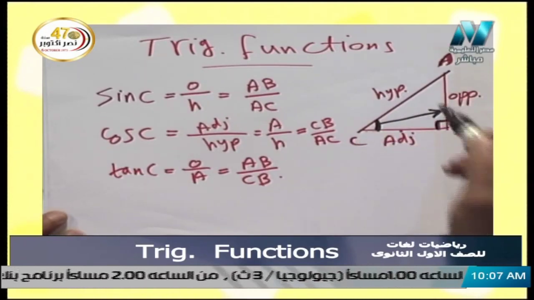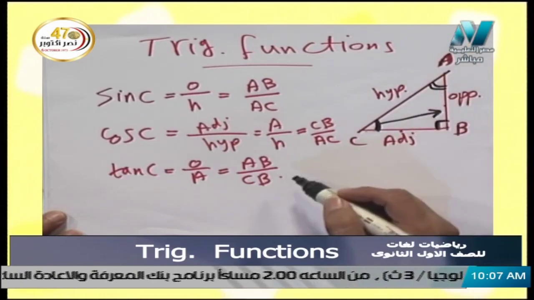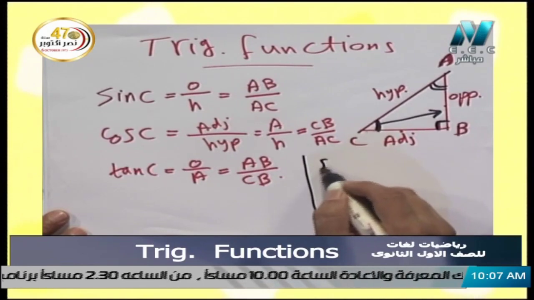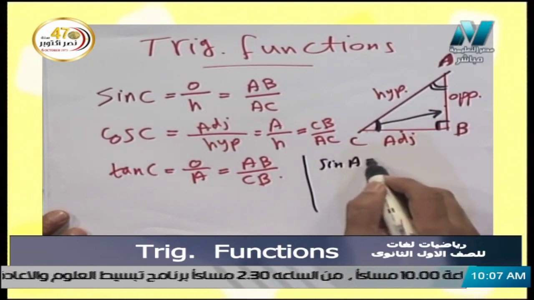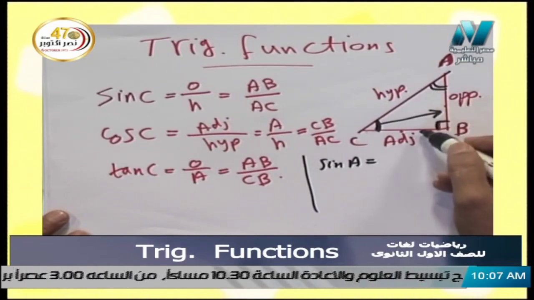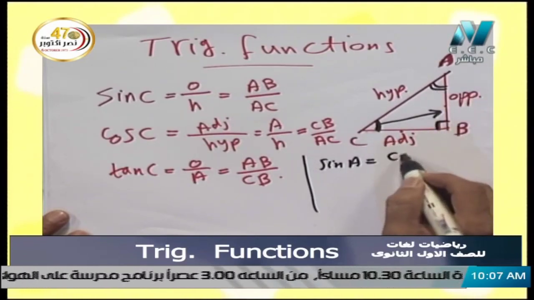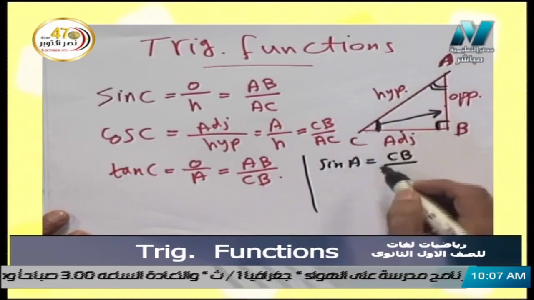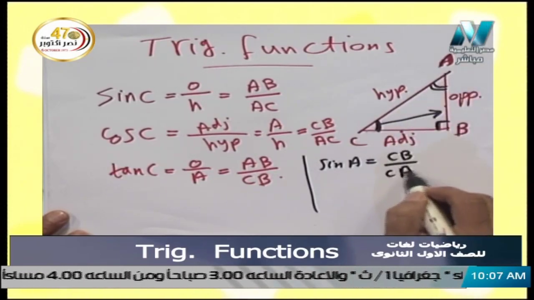And if we are concerned with the angle A, what is sine A equal to? Of course, it equals the opposite of A, which is CB, over the hypotenuse, which is CA.